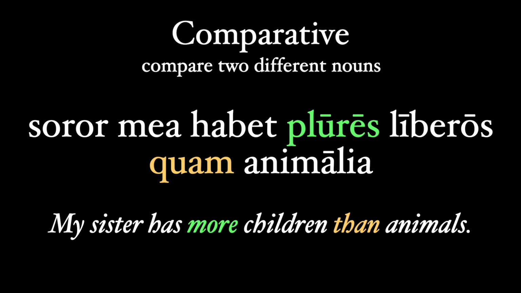One more example. Soror mea habet plures liberos quam animalia. My sister has more children than animals or pets. Our two objects of comparison here are the children and the animals, and they're both in the same case, which in this case happens to be the accusative.